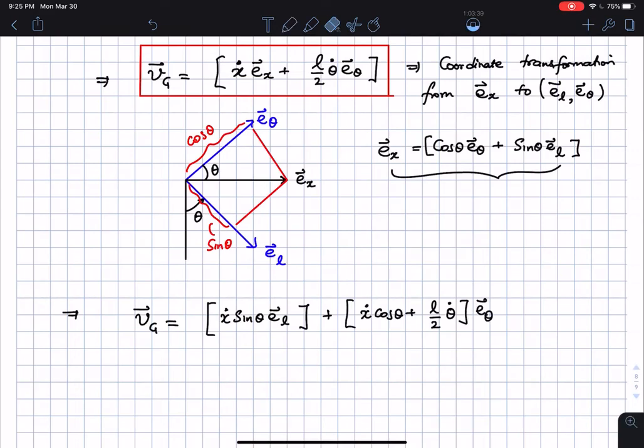Let me make sure that the square bracket is placed in the right place. Okay, let me pull this guy out a little bit and then close the brackets here. So this is now the better version of the velocity of the center of mass of the pendulum.